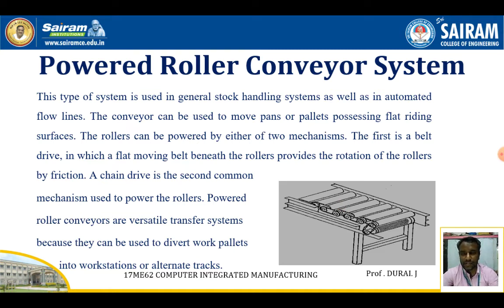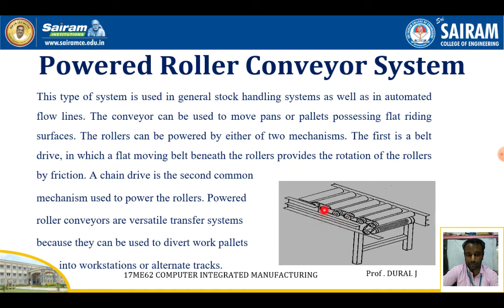Then comes the power conveyor system. In the power conveyor system, when the component has to be moved in a straight line, the powered roller is used. The power roller conveyor system is shown here. The motor is attached here.